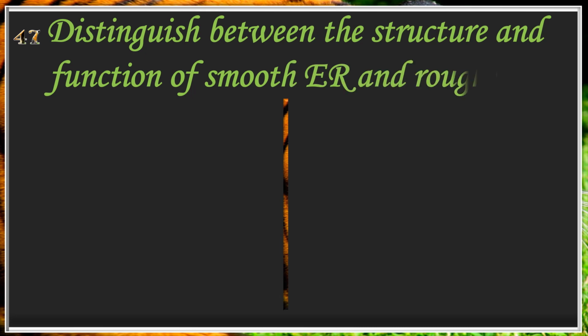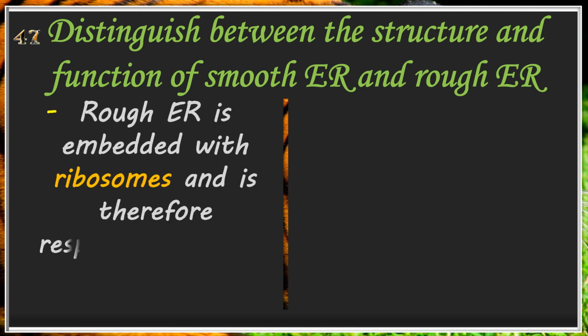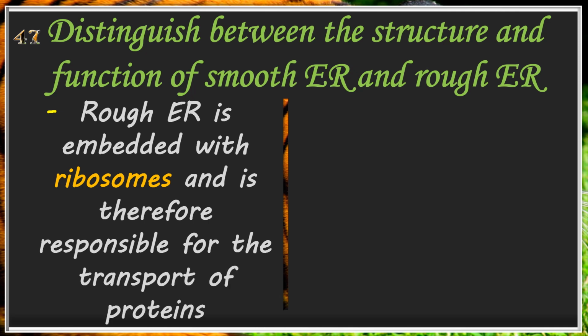Distinguish between the structure and functions of smooth endoplasmic reticulum and rough endoplasmic reticulum. The rough endoplasmic reticulum is embedded with ribosomes and is therefore responsible for the transport of proteins.